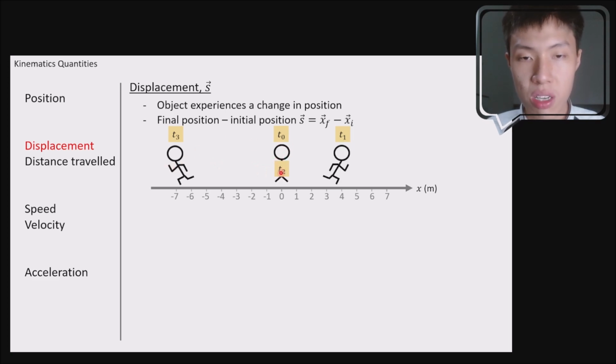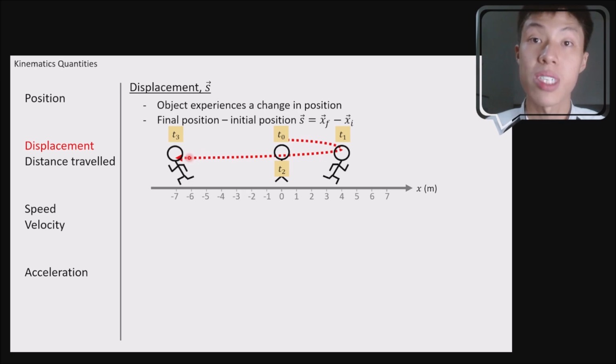So initially it was standing here, then running towards T1, then makes a U-turn, runs towards T3. So this arrow here represents the motion of this person. If we try to determine the position at T0, T1, T2, T3: at T0, the position will be at 0. So the position x0 is equal to 0.